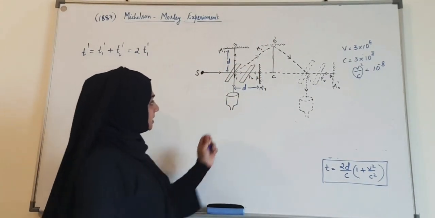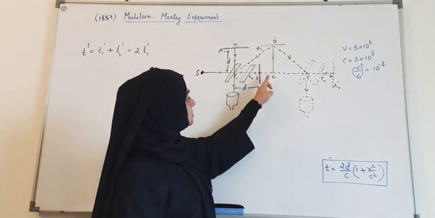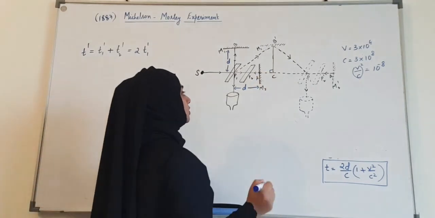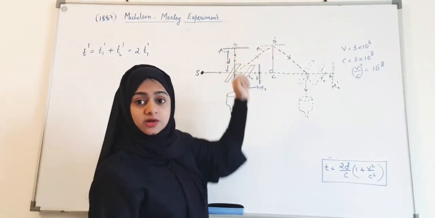For that, let me consider this triangle P1, B prime, C. See, this is a right triangle. So I can use Pythagoras Theorem for this right triangle.